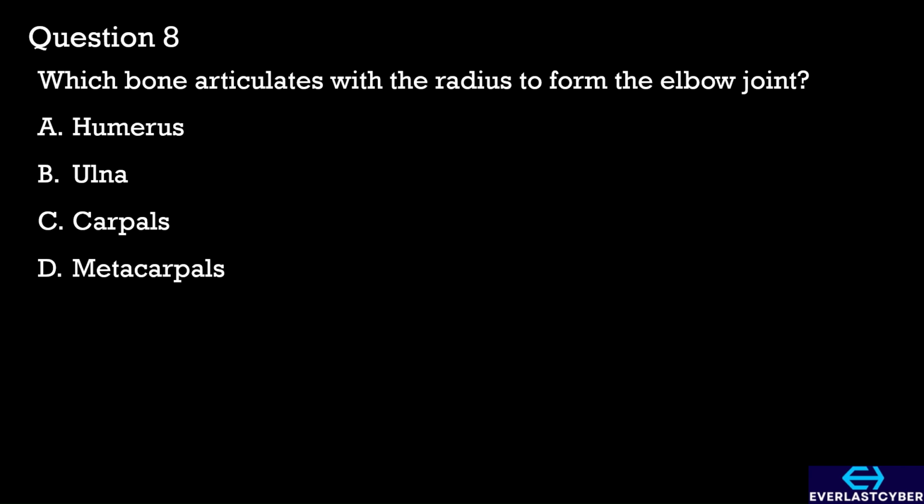So the humerus, which is the upper arm bone, the radius, which is the lateral forearm bone, and the ulna, which is the medial forearm bone. The head of the radius articulates with the capitulum of the humerus, forming part of the elbow joint. Then the ulna also articulates with the humerus at the trochlea, which allows the hinge-like motion.